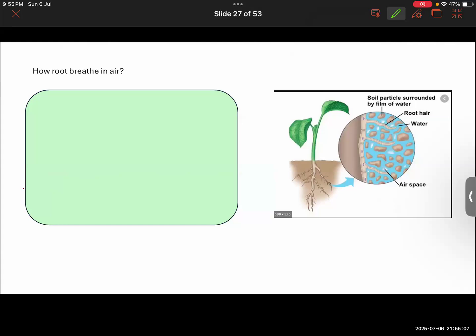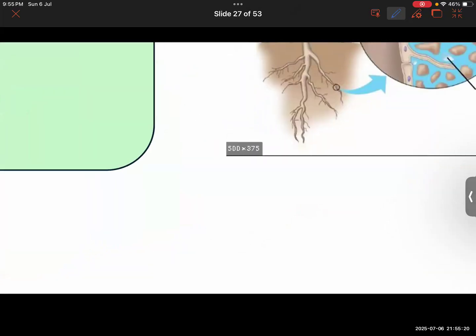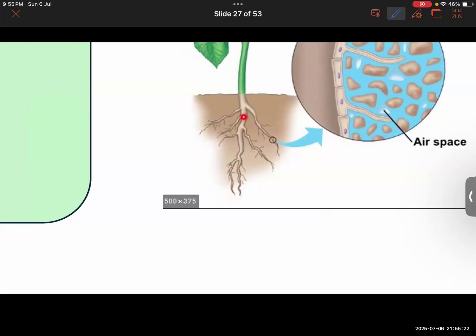Further, talking about how the roots breathe in air, like how they get oxygen in order to carry out respiration. The roots of the plants, as you can see here if I zoom in, have tiny root hairs. There is a main root, like the tap root, and through the tap root, lateral roots arise sideways.